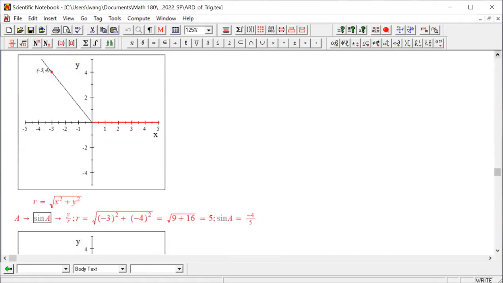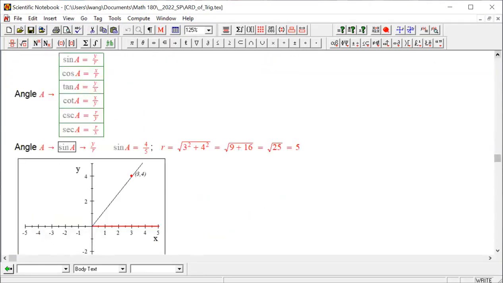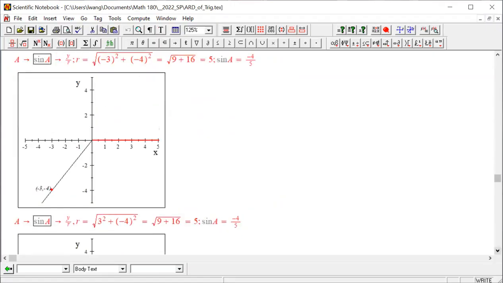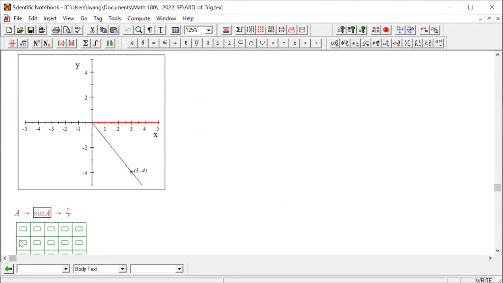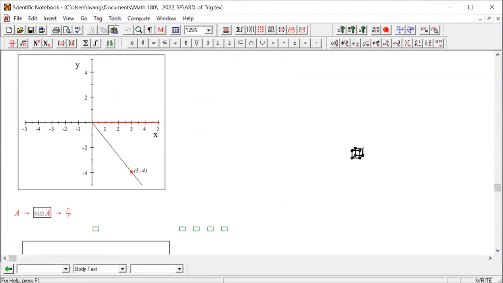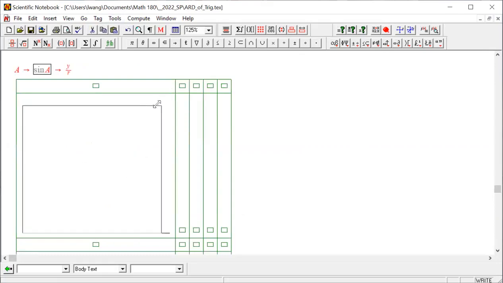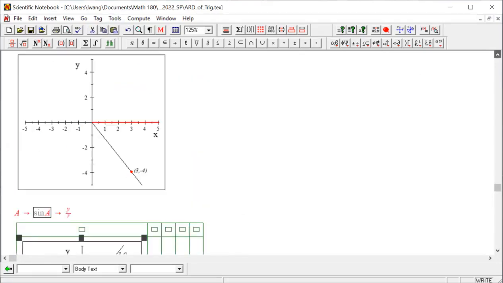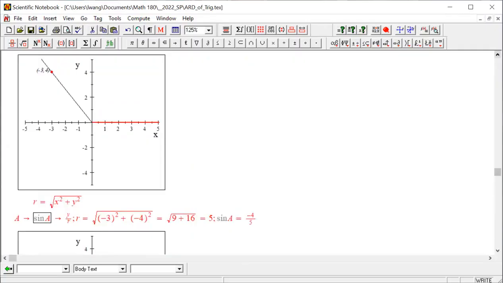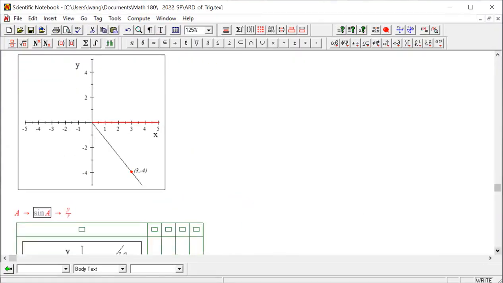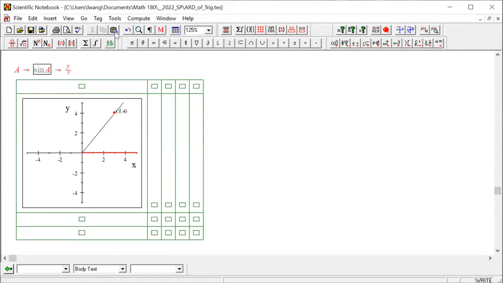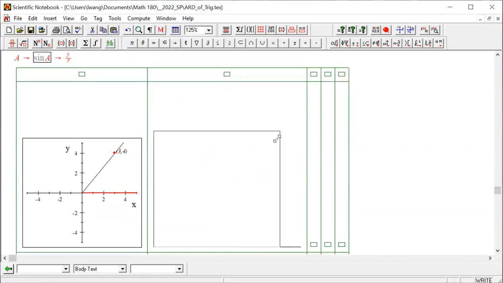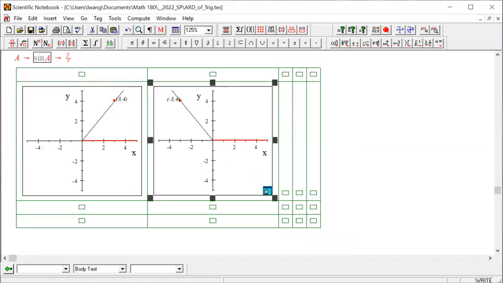I'm going to put these 4 examples in our picture. In the first quadrant, I encourage you guys to do these summaries. Second quadrant.